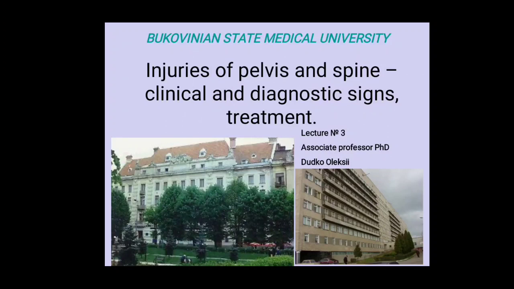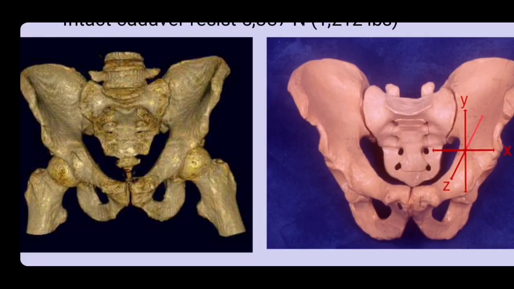Let's talk now about the pelvic anatomy. Pelvis is a ring and it is formed with such bones as sacrum on the posterior side. On the sides we have iliac bones, and on the anterior side we have pubic bones and ischial bones. They are connected together with the symphysis, and posteriorly they are connected with a sacroiliac joint.